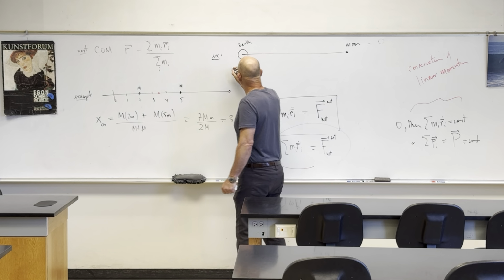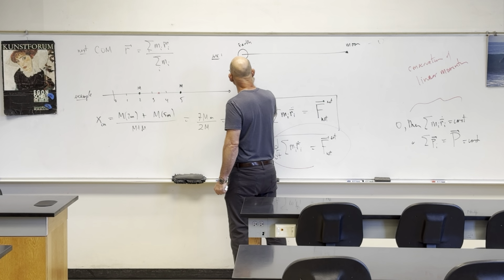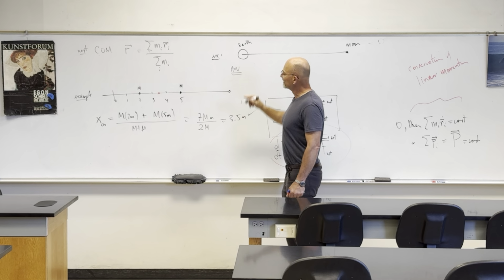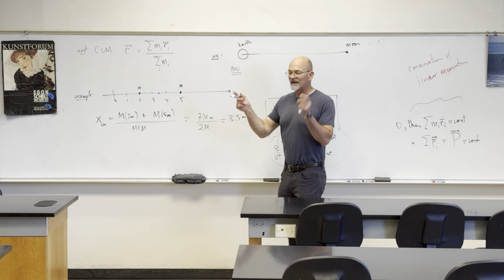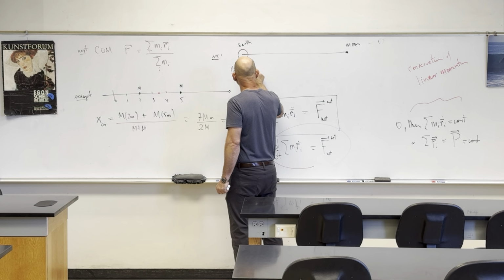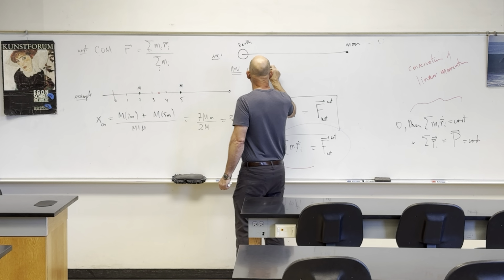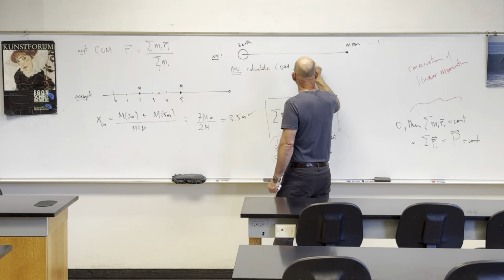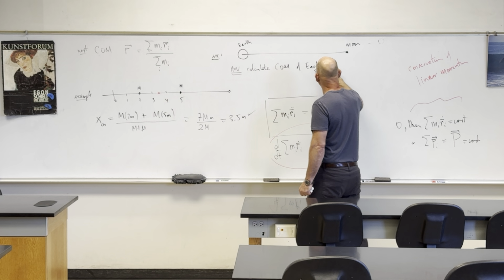So I'm going to call this a homework problem. You have to plug in a couple of numbers, right? You need the masses of Earth and Moon respectively and their center to center distances. So calculate center of mass of Earth-Moon system.